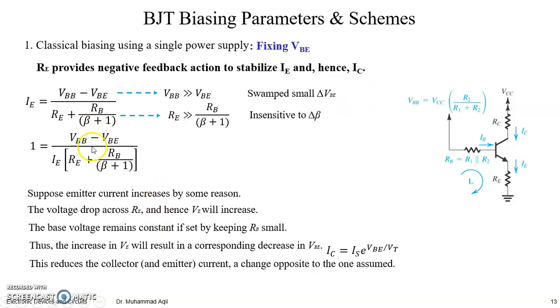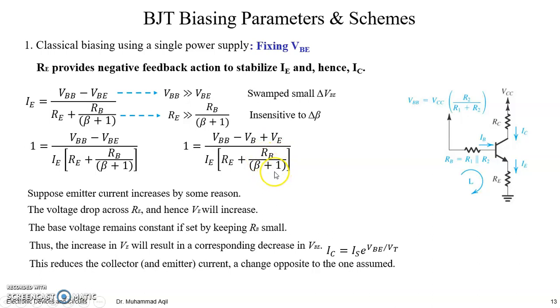This relation can also prove it. If we take this relation and move IE to this side, we would be having 1 here. Now, if we take VBE as VB minus VE, the minus sign will make this VE plus, right? Now if IE increases, IE times RE increases, and IE times this one also increases.